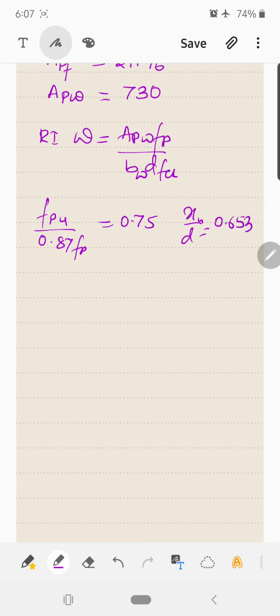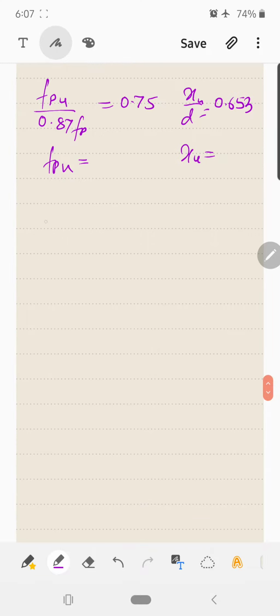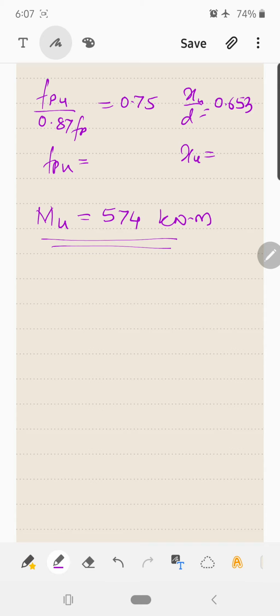With all, calculate FPU and XU. Then substituting in the moment equation MU, you will get the moment of resistance as 574 kilonewton meter. So try this problem and get this answer.